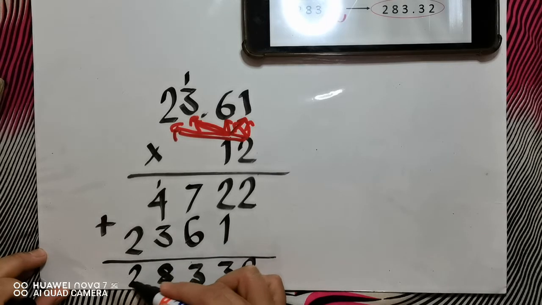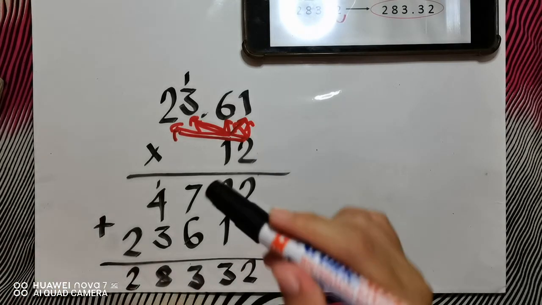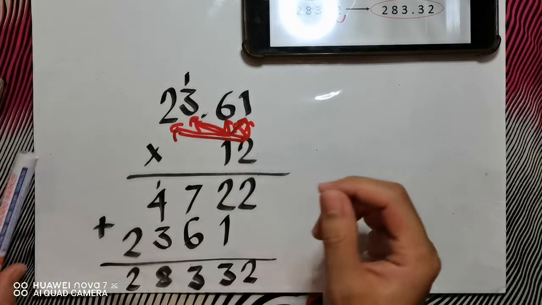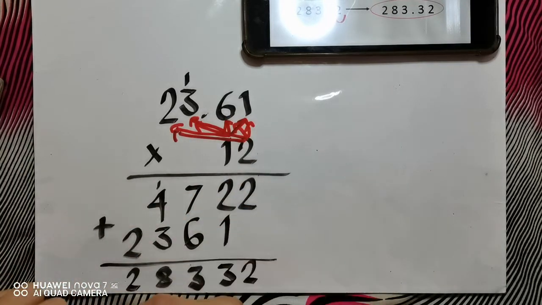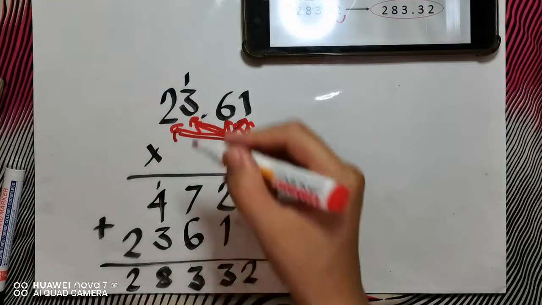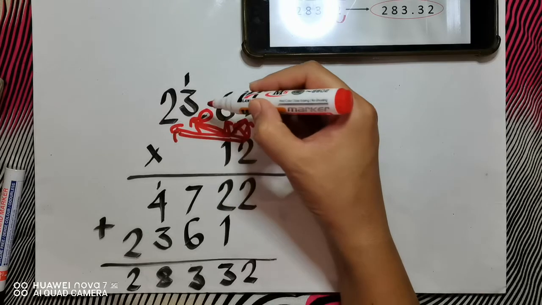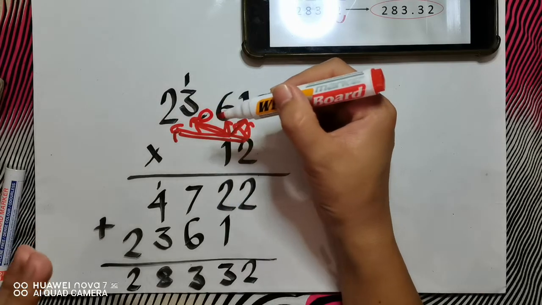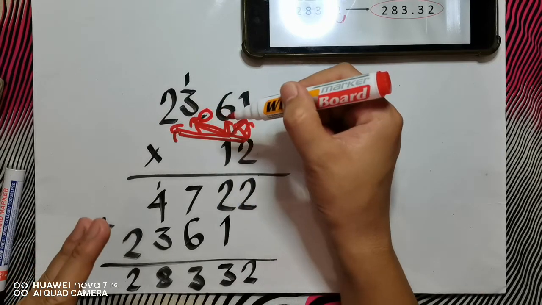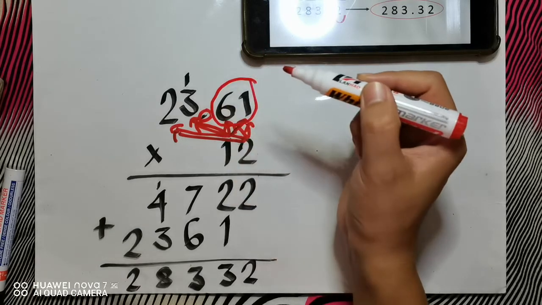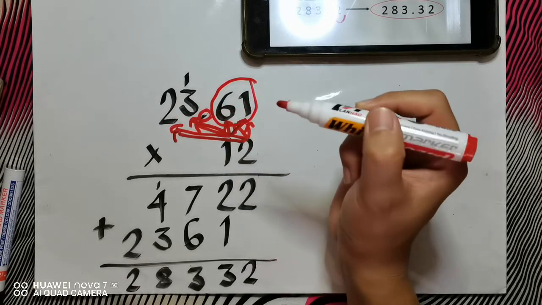And then 2. Now, balikan mo ngayon yung given number mo. Yung given number is 23 and 61 hundredths. Tandaan mo, meron tayo yung decimal place dito, or decimal point, 1. Now, mula dun sa decimal point, we count the numbers on its right side, yung nasa kanan. So, ano ba yon? You have here, this one, 6, and then 1. Ilan sila?